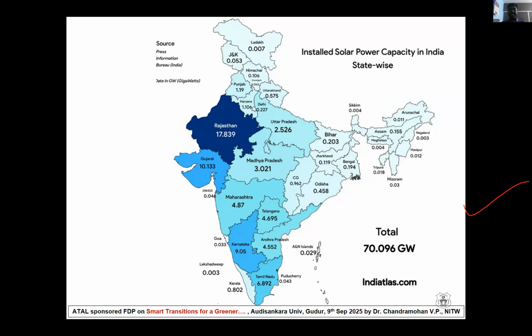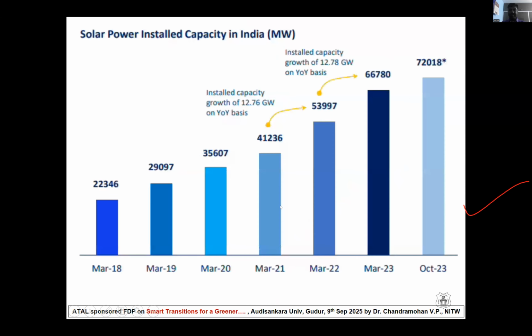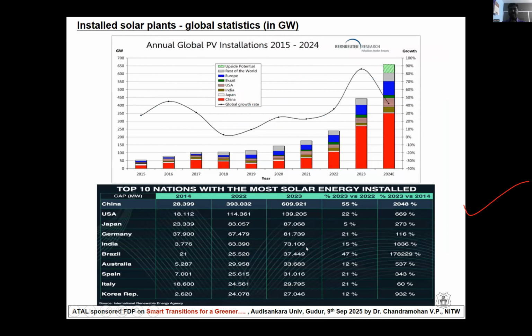At present, whatever we are extracting is very less, less than 0.0001 percentage only. So we can increase our count and then we can also dominate other countries. Okay, so the total is around 70.096 gigawatt. This value is almost matching with the previous two charts. This is 72 and here also it is 73 gigawatt.